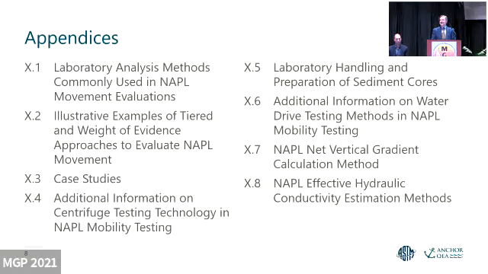Then there's 8 appendices with a lot of detail. I'm not going to go through all of these, but there's more information about laboratory methods, and there are illustrative examples of how to apply tiered evaluation processes and weight of evidence evaluation processes using multiple lines of evidence to interpret whether or not the NAPL is either mobile or immobile at the pore scale, and whether the NAPL is either stable or migrating at the NAPL body scale.